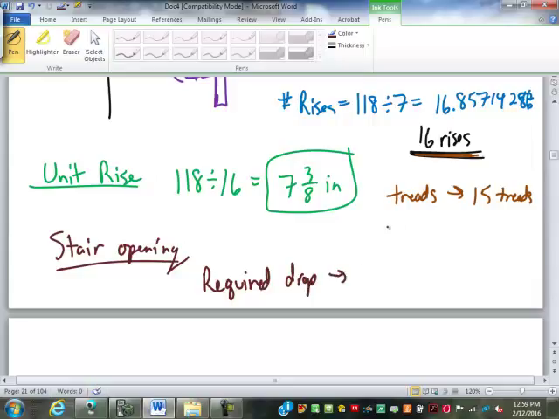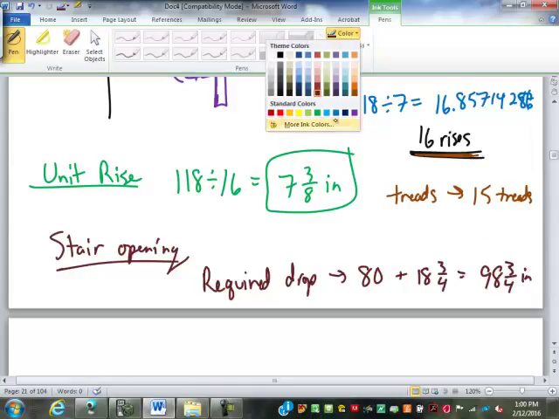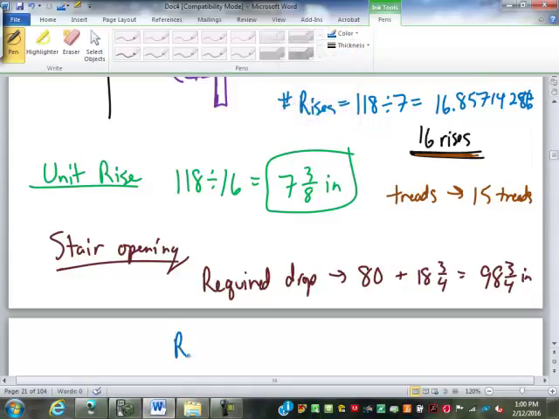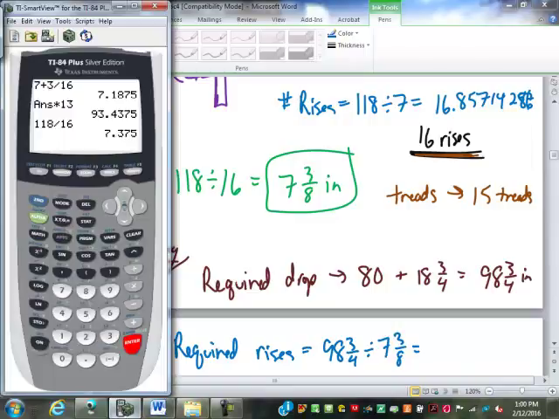If we're going to use a 6'8", so 80-inch head clearance, plus our floor was 18 3/4, that's 98 3/4 inches drop. So then the number of required rises, 98 3/4 divided by 7 3/8 is going to be just under 14, right?